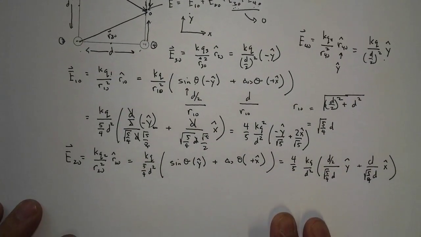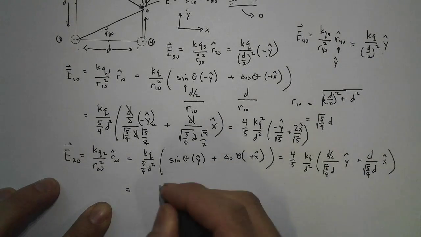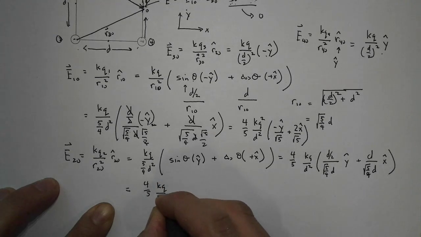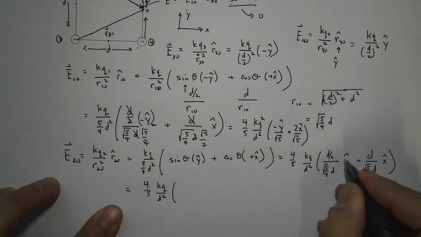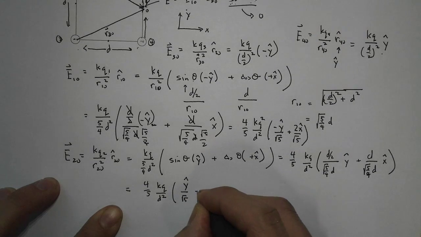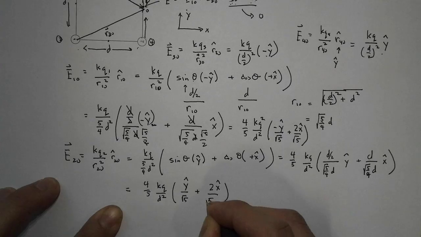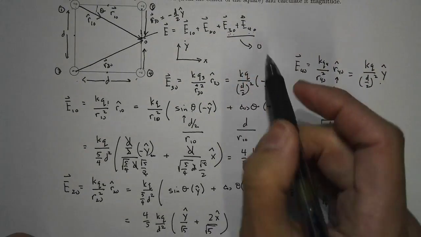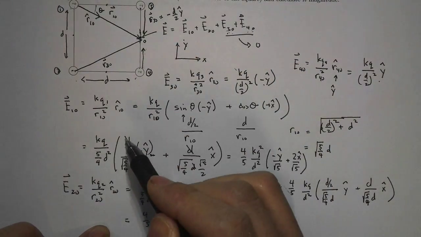If you simplify this all out, this is just going to be 4/5 kq over d squared times y hat over square root of 5 plus 2x hat over square root of 5.